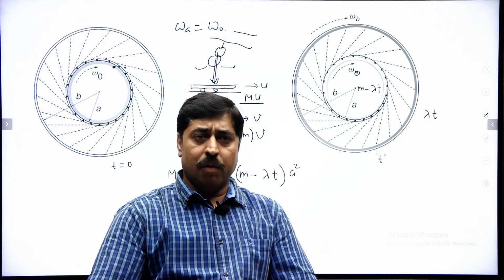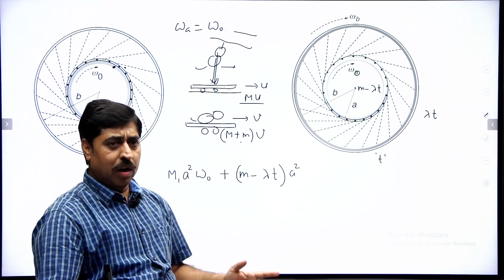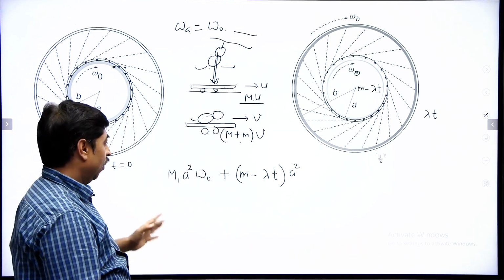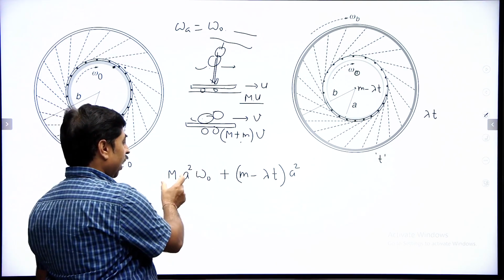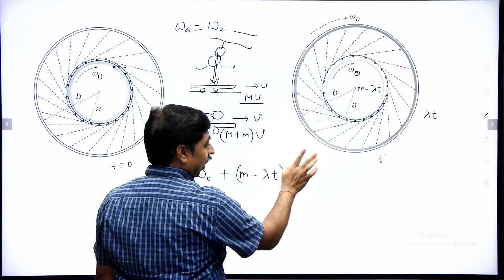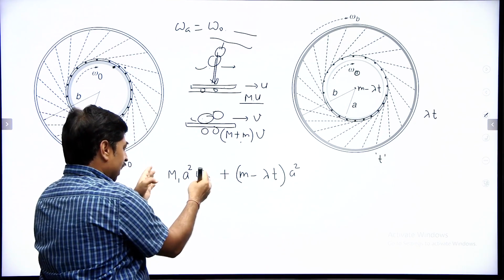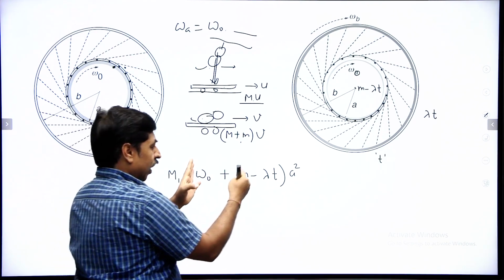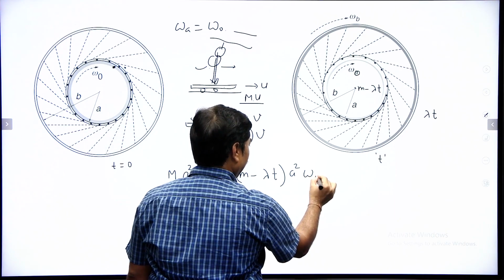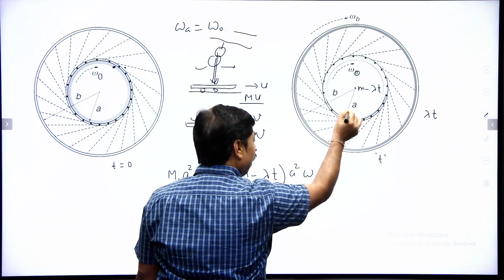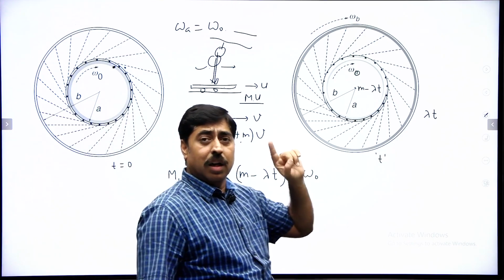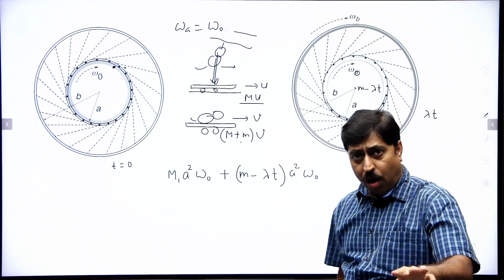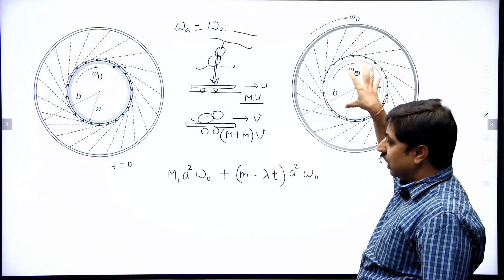So the overall moment of inertia of the drum along with the sand will be m1 a square plus (M minus lambda t) a square. I have written it separately. For the drum this is the angular momentum, for the sand this is the angular momentum, the sand which is still sticking to the inner drum. So at time t, this is the angular momentum of this drum and the sand sticking to it.